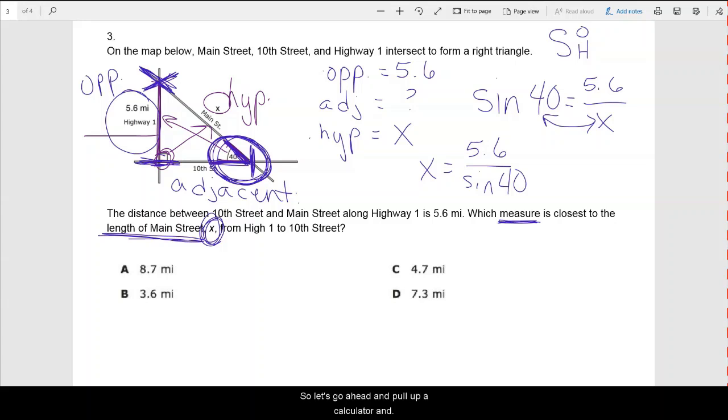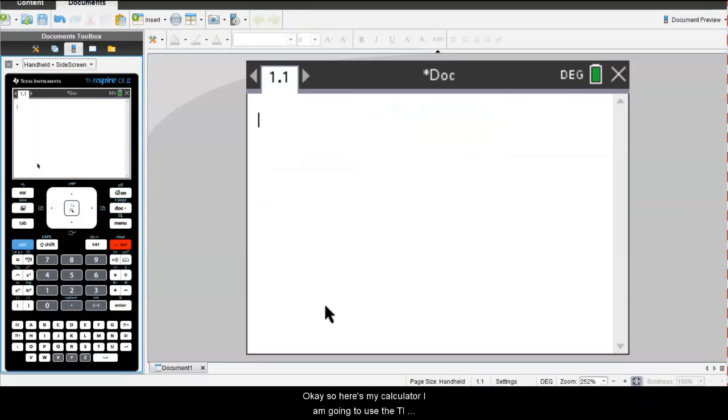So let's go ahead and pull up a calculator and solve for this problem. Okay, so here's my calculator. I am going to use the TI Nspire emulator because it is the one that is easiest for me to access. Remember, there is a very good graphing calculator and scientific calculator at desmos.com.